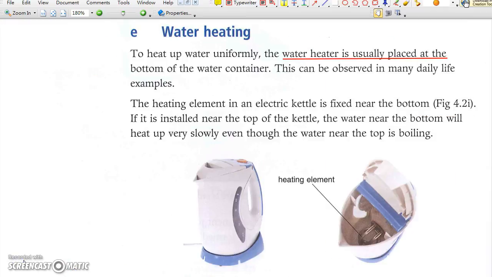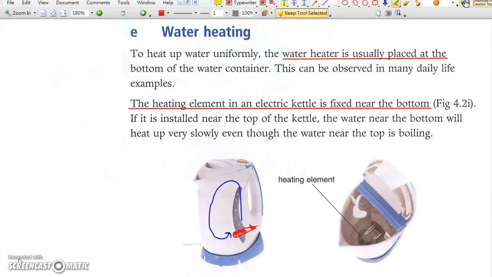Immersion heaters are found not only in the physics laboratory, but also in water heaters such as electric kettles, shower heaters, and even fish tanks. Immersion heaters are often placed near the bottom as it may then create a convection current that can help heat transfer within the water body.